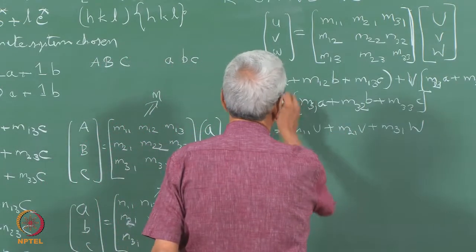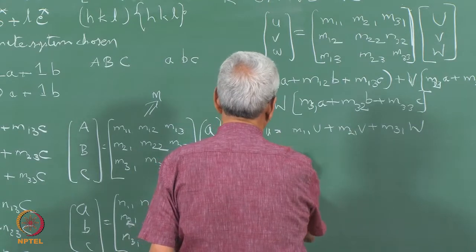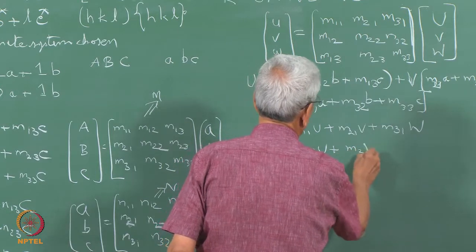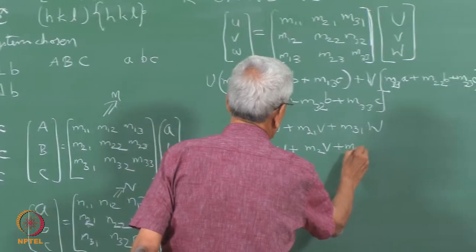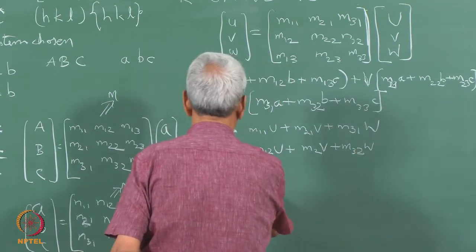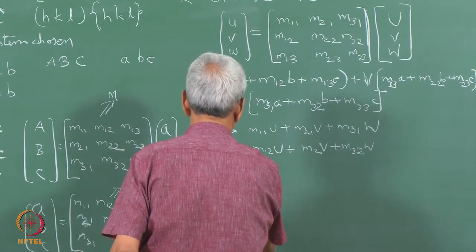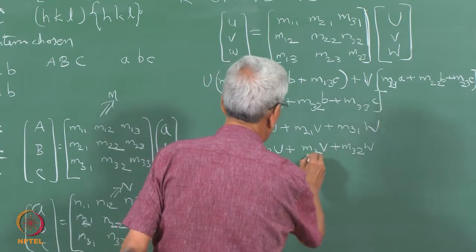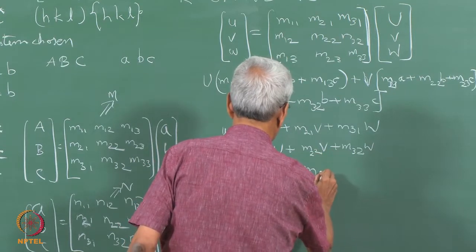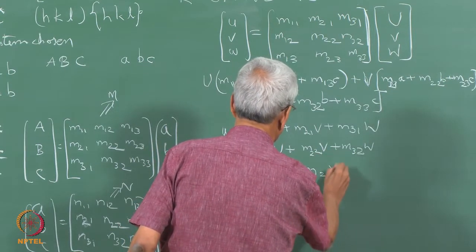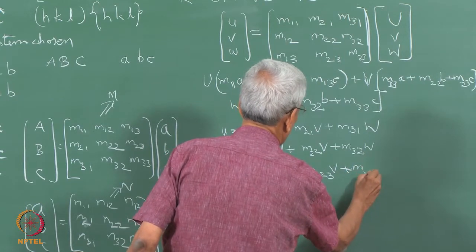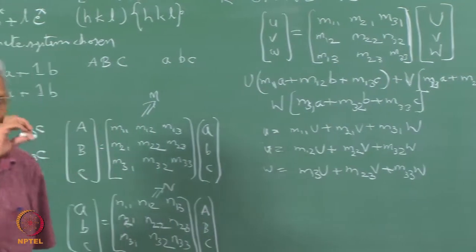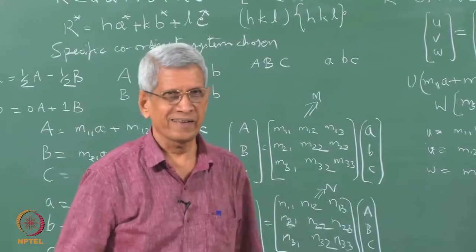So, now similarly we can write it for V, which will be M12 into U plus M22 into V plus M32 into W. This is V, W equals M13 into U plus M23 into V plus M33 into W. From this we can get this expression. Okay. This is clear? Okay.